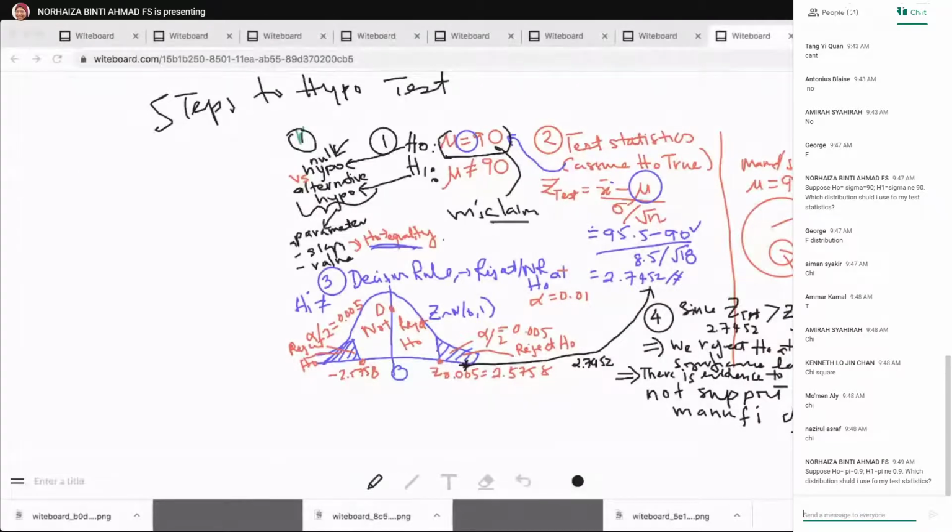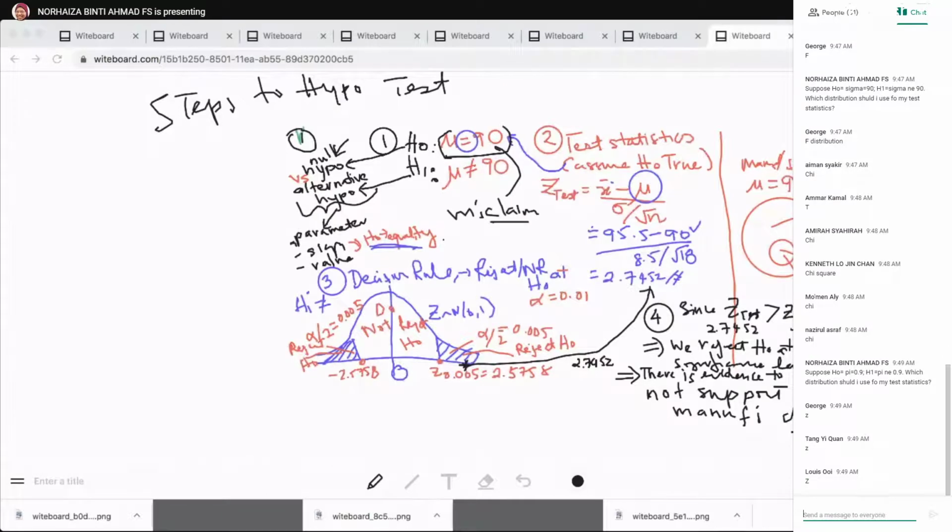If I have H naught pi equals 0.9, H1 pi not equal, it is only Z. Yes, that's right.